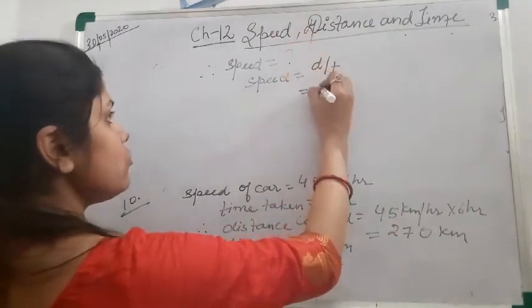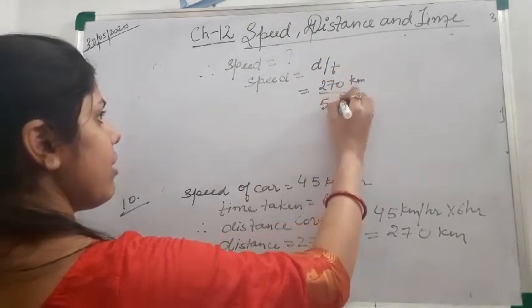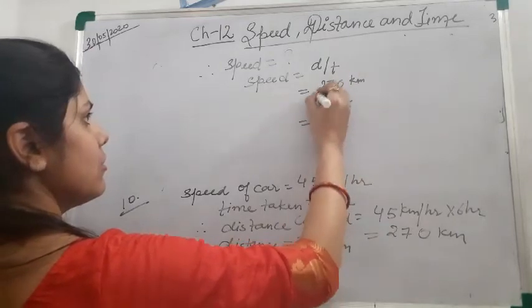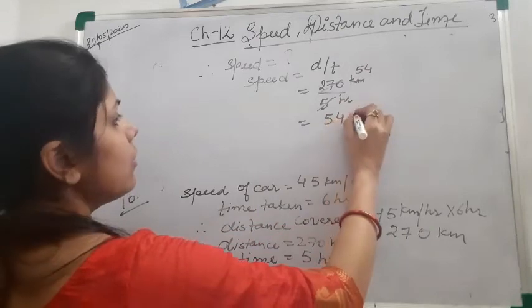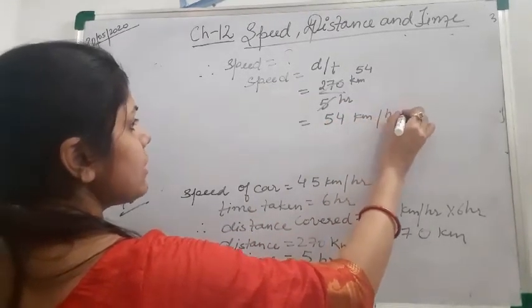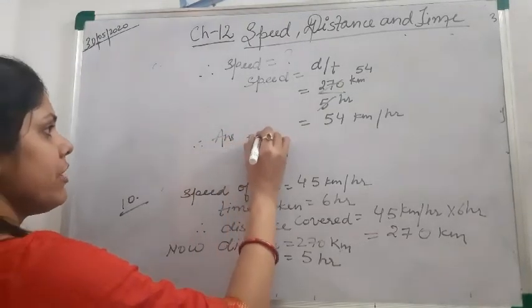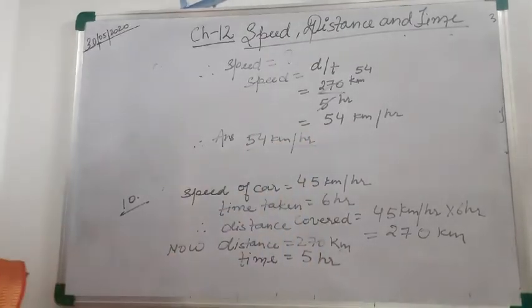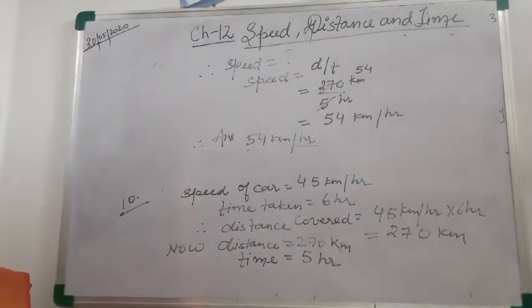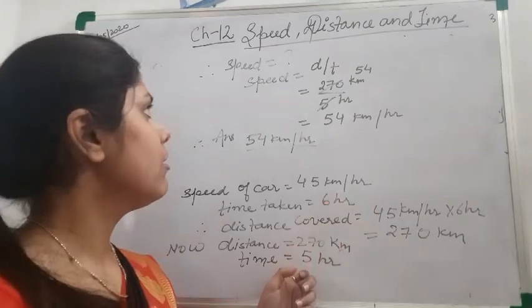So distance is 270 upon 5 hours. 5 5s are 25, 5 4s are 20. 54 kilometer per hour. Therefore, answer 54 kilometer per hour. So this will be the speed of the car to cover the same distance in 5 hours.